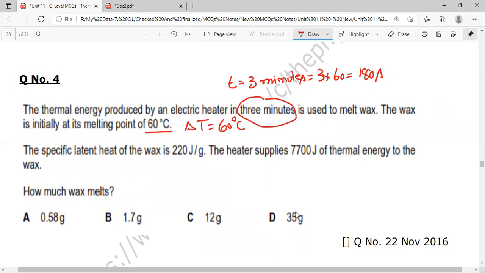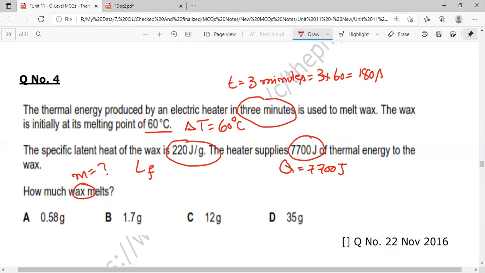The specific latent heat of wax, as wax is being melted, so latent heat of fusion is there. Heater supplies, the value of Q is there, 7700 joules. How much wax melts? So it means mass is required.